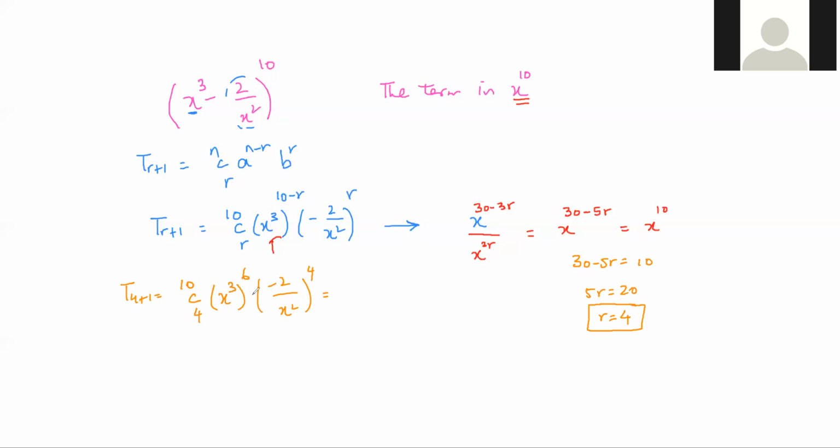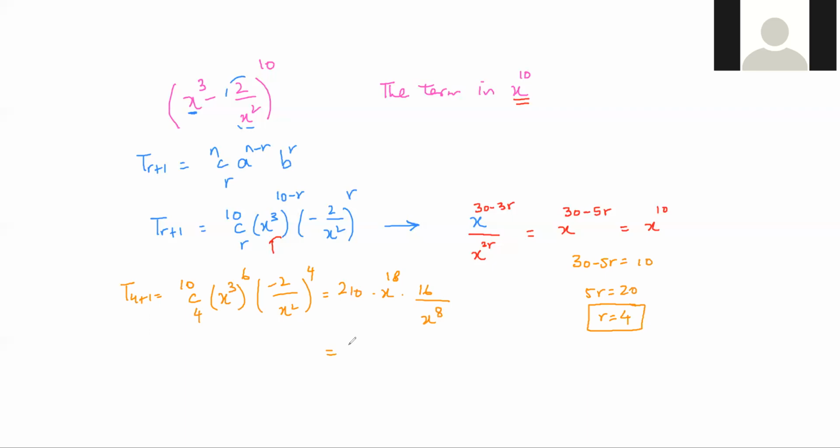can you quickly tell me what is 10C4? Yes, that is 210. This is 210 into x raised to power 18. Since this is minus and there is an even power here, this is going to be 16 over x raised to power 8.